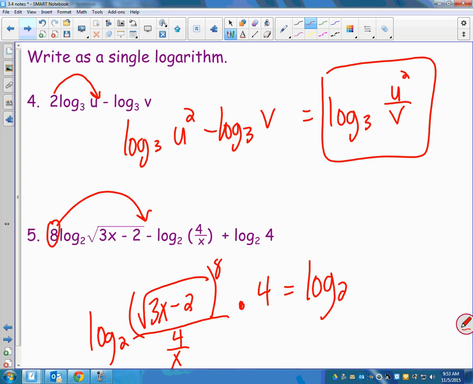Do you know what that was simplified to? So a square root is the same as a half power, right? So that's the same as 3x minus 2 to the 1/2 power, all to the 8th power. So what do I do with an exponent to an exponent? You multiply, so 1/2 times 8 is really to the 4th power.